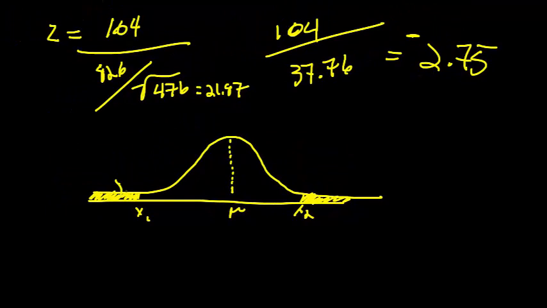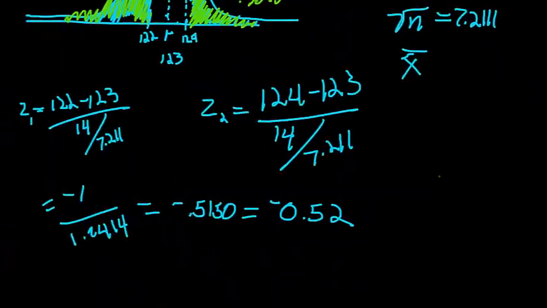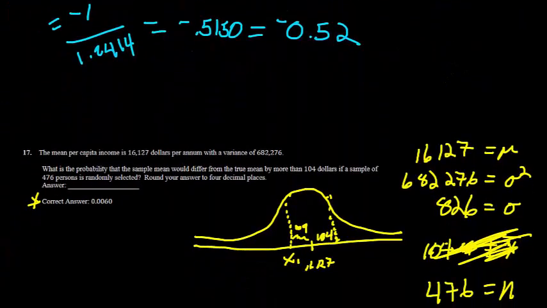The chart tells me that this is negative 2.75, 0.0030, and this is reflexive, so this is going to be 0.0030. If I add those two together, I'm going to get 0.0060. So yeah, no, that's right. 0.0060. That's correct. Okay, so good luck on your exam, and see you next week.